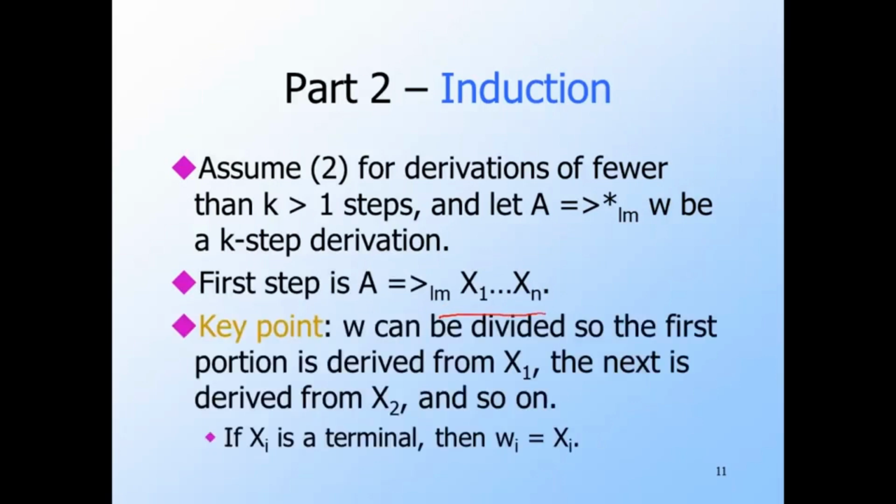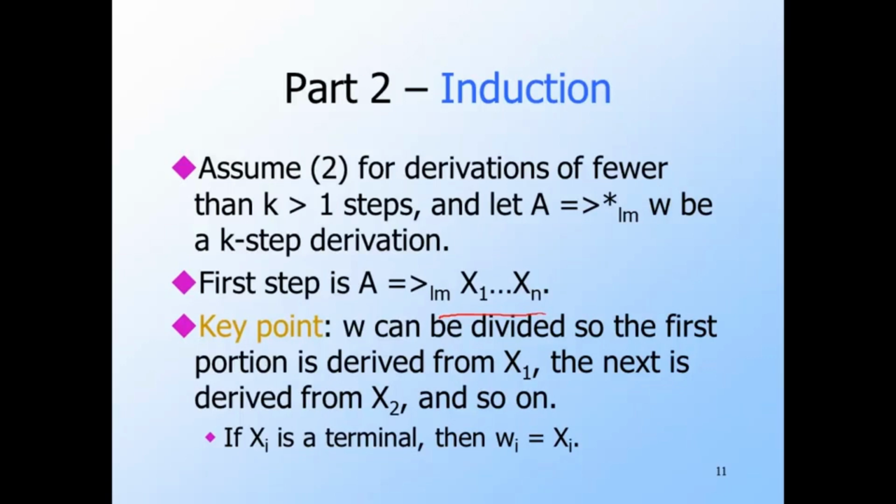That's that. Remember the important properties of derivations, that production bodies replace production heads at the position where the head is. Thus, we can divide w into the concatenation of n strings, w1 through wn, in that order, where for all i, wi either is xi if xi is a terminal, or xi derives wi by a leftmost derivation of fewer than k steps.